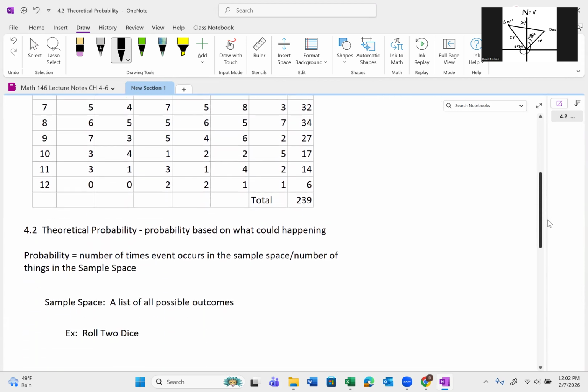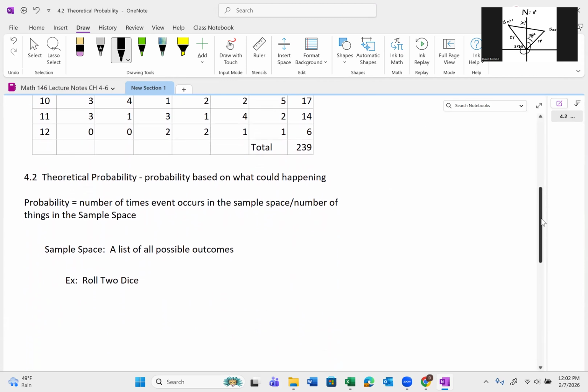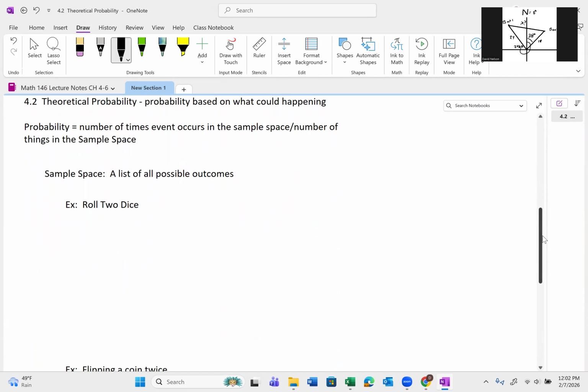In theoretical probability, we think about the probability based on what could happen. We think about a sample space and we look at the number of times an event occurs in the sample space divided by the number of things in your sample space.